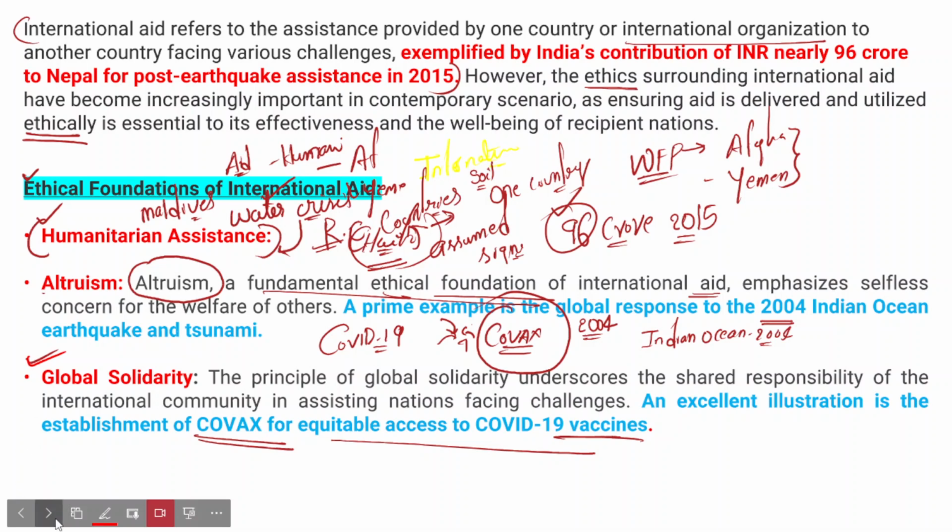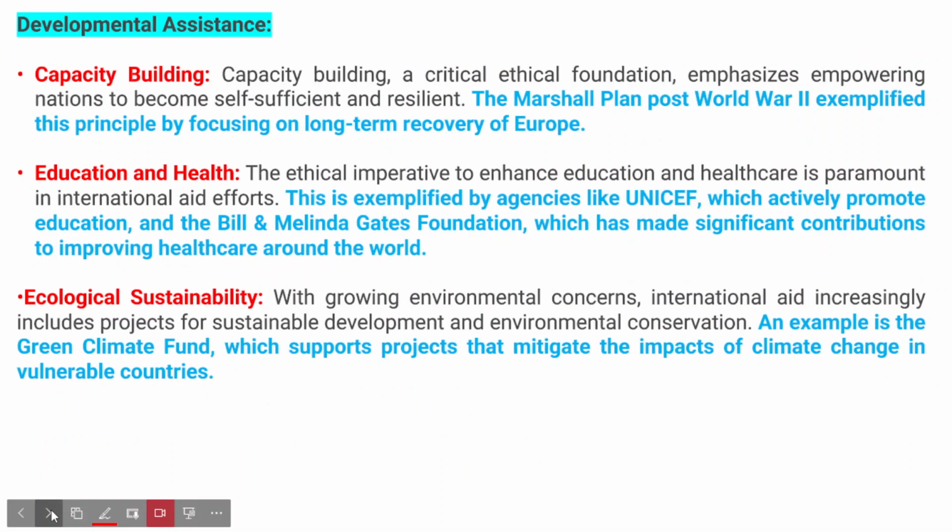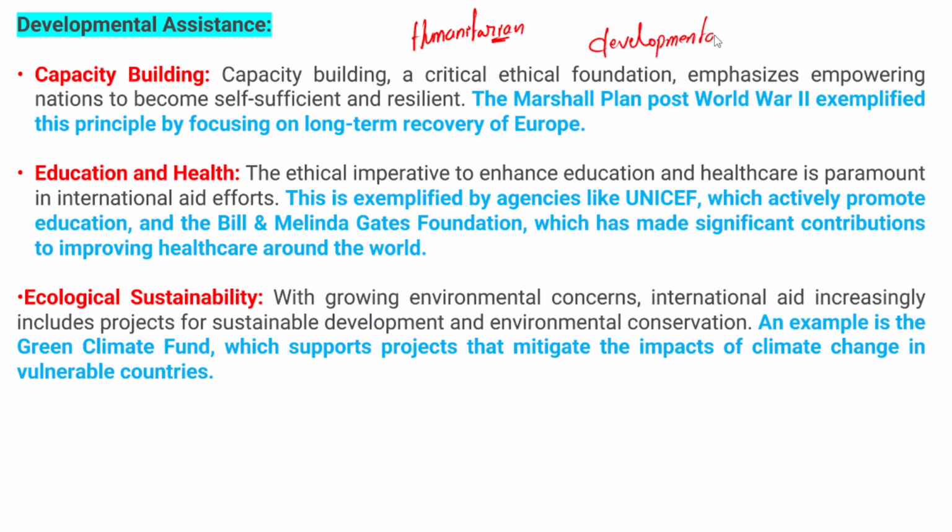After that, we should also discuss developmental assistance. Earlier we discussed humanitarian assistance, where assistance is provided on humanitarian grounds alone. On the other hand, we need to discuss developmental aid. I will give you an example here.